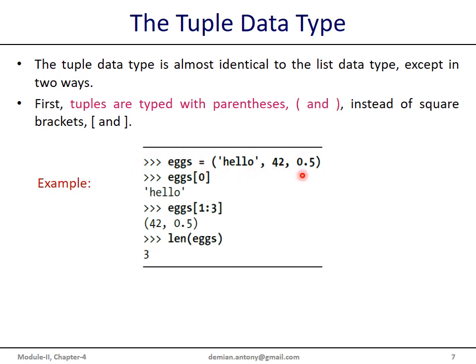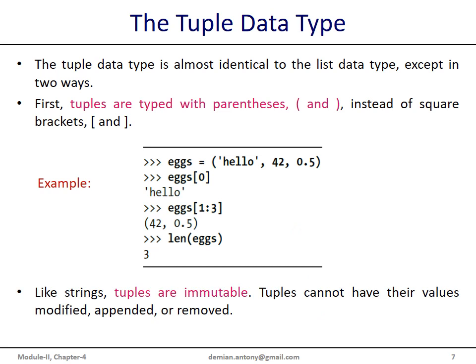tuple data type, and you can use all the operators, index operator, slice operator, and you can use the methods length to obtain the number of items present in a tuple. Moreover, you can even traverse the tuple with a for statement.